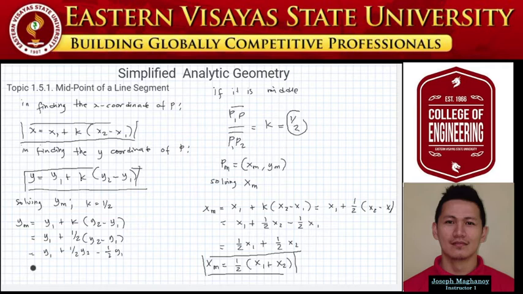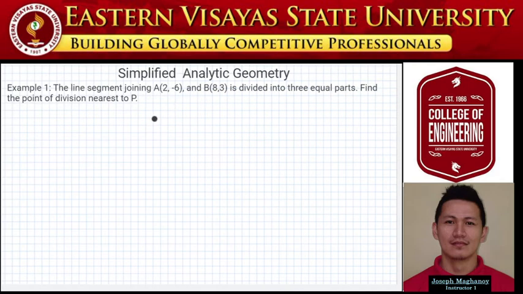Combining like terms, we get 1/2 y sub 1 plus 1/2 y sub 2. So finally, our y sub M is 1/2 times (y sub 1 plus y sub 2). So these are the formulas for our y sub M. Okay, to illustrate our given formulas, let's have an example. Our next slide is an example for determining the line segment.